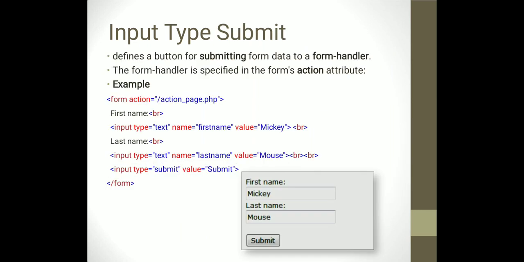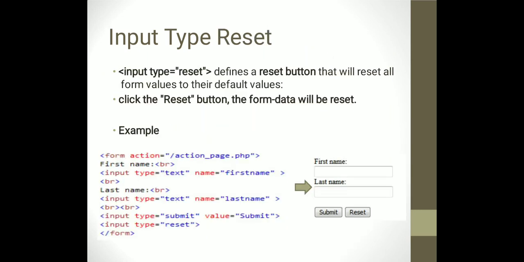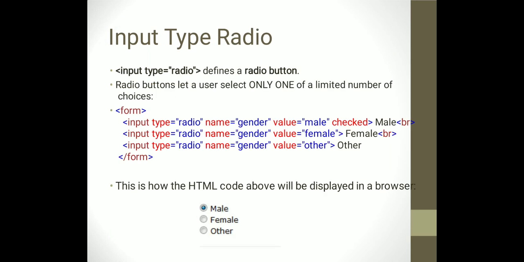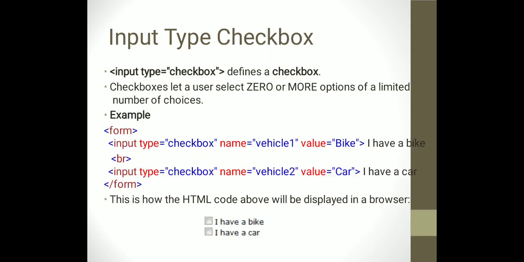So all these things we have seen as input types of HTML, like submitting the form, resetting the form, buttons, and which button should be used, or how to use a simple button or a radio button. If you select only one of a limited number of choices, then we will use radio buttons, otherwise a simple button can be used for submitting.